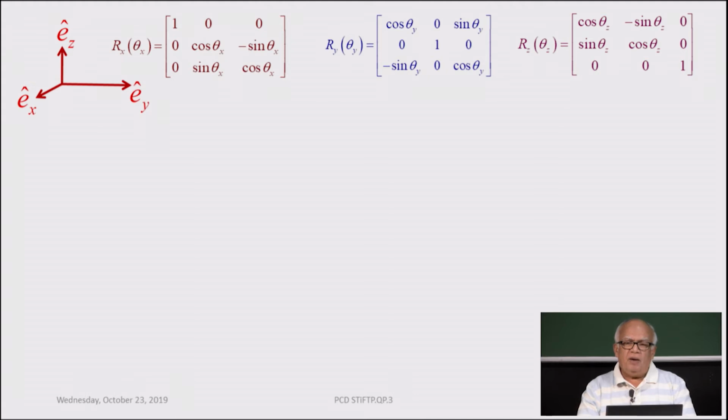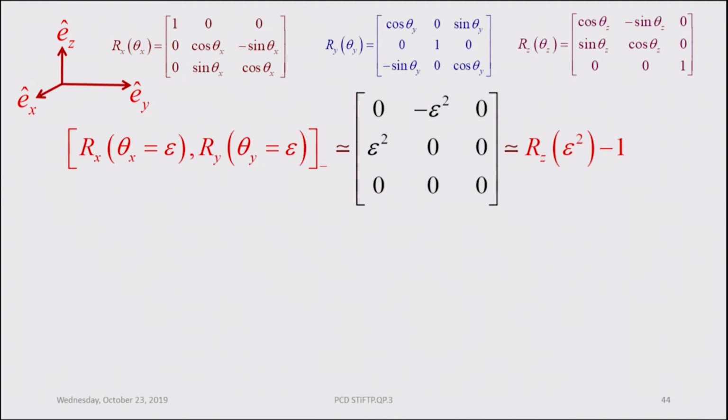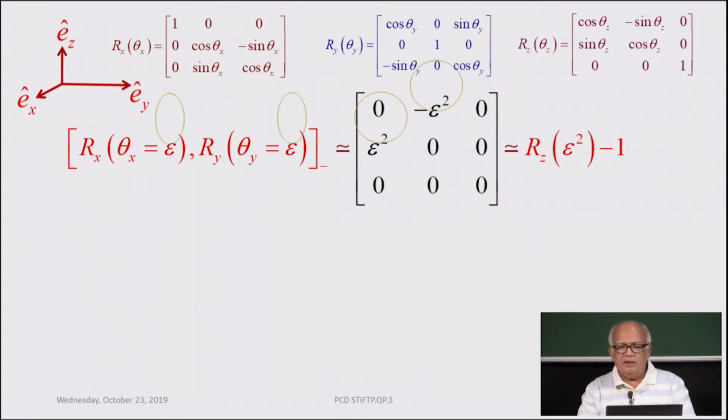So, these are the three operators for rotations about the x, y and z axis. We are going to consider infinitesimal rotations. So, theta x, theta y, theta z are all epsilon, which is a tiny angle, and the commutator is Rz of epsilon square minus 1. Do you see that?